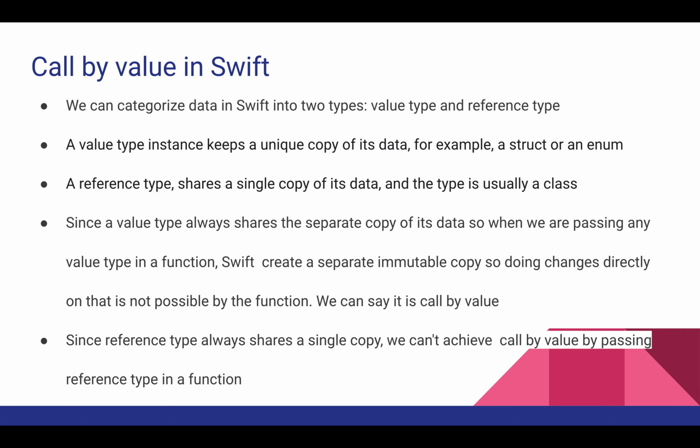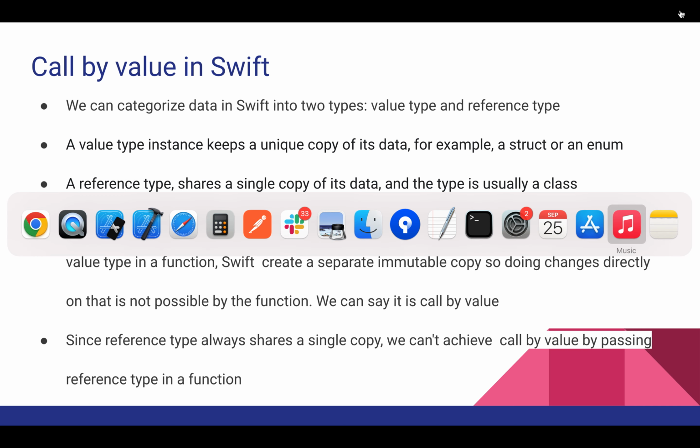In Swift, the value type is a category of data which does not share a value. When you try to share a value, it shares a new copy. So let me explain this concept with the help of code.